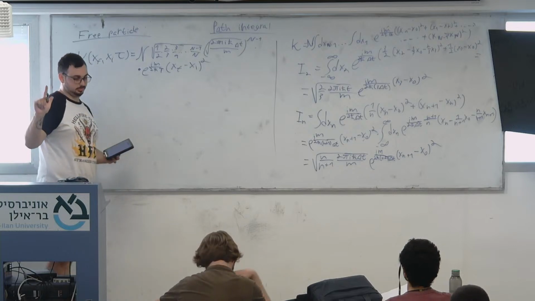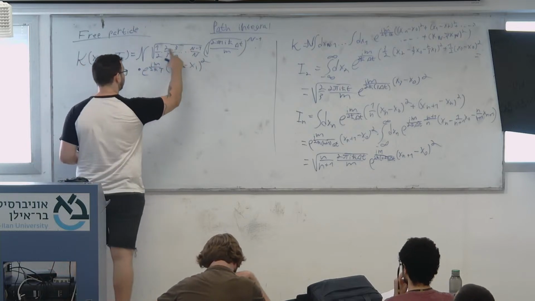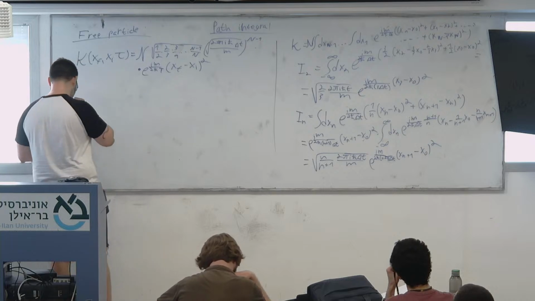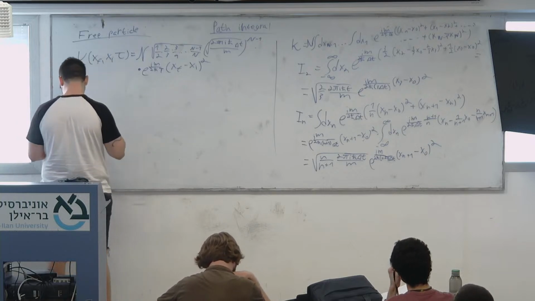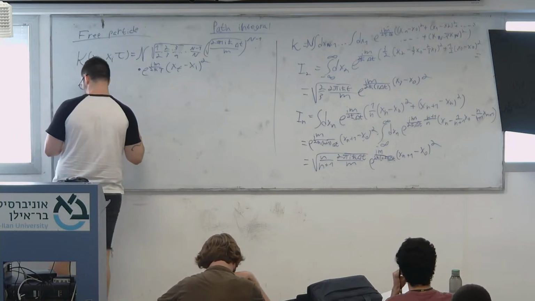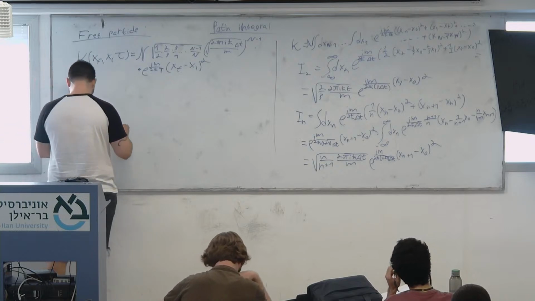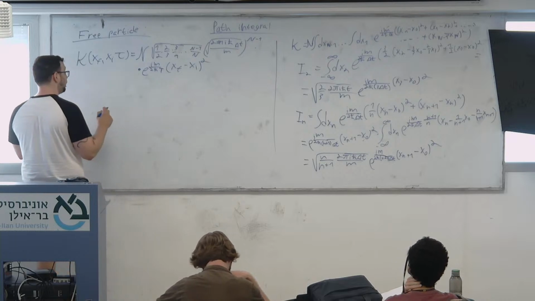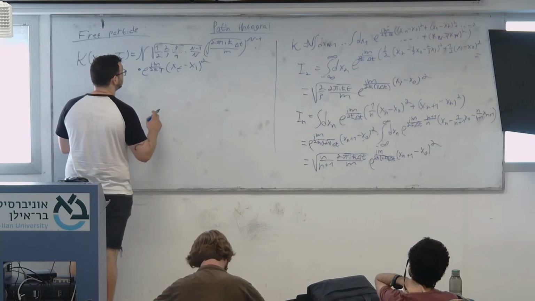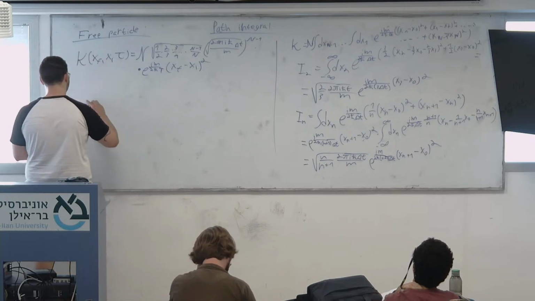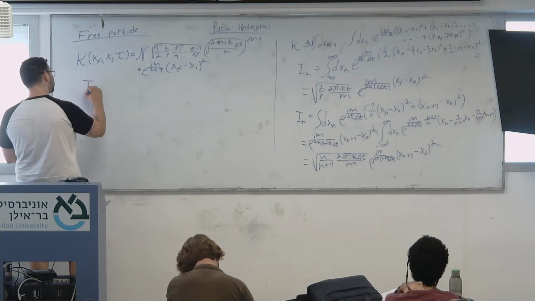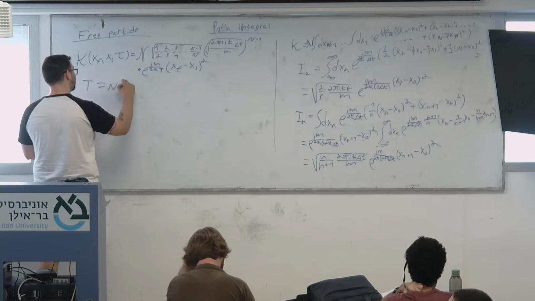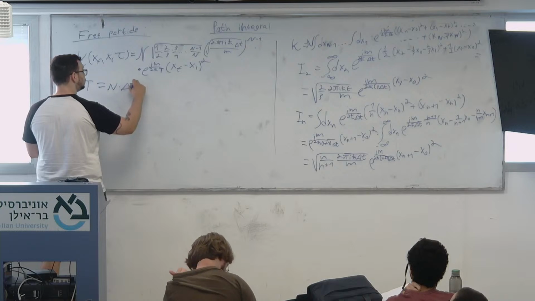No, we're not done. This one can be reduced a little bit, and overall, I'm also going to say t equals n times delta t.